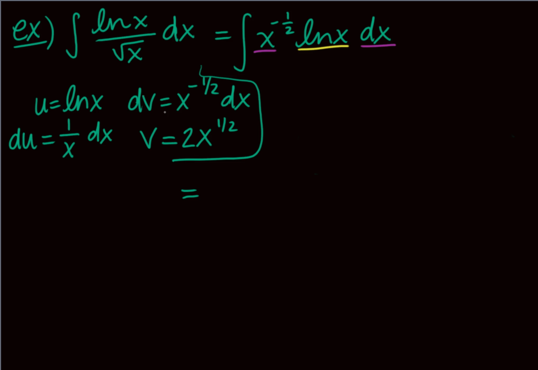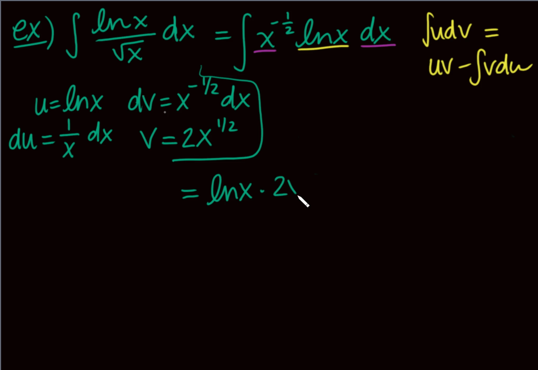So, again, integral of u dv equals uv minus the integral of v du. All right, so let's do this. So my u is natural log. Okay, my u is natural log.